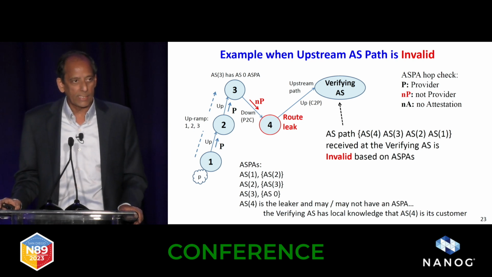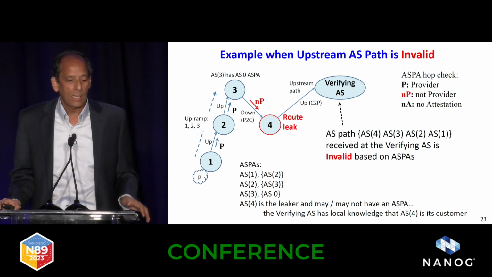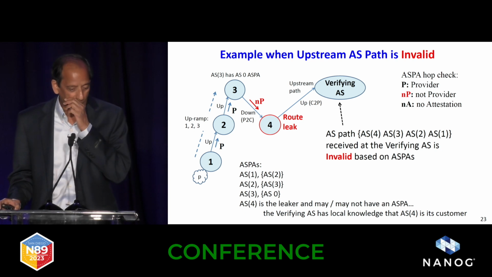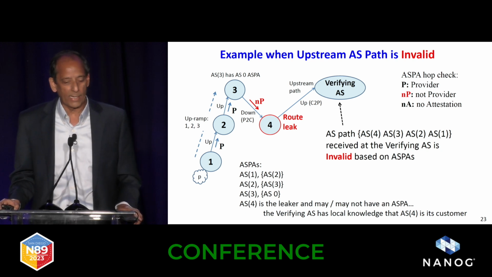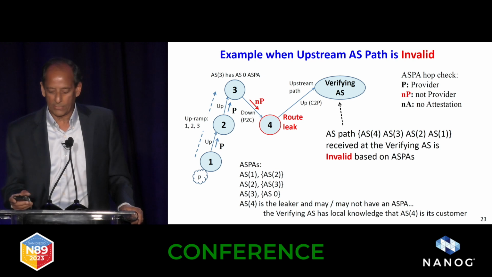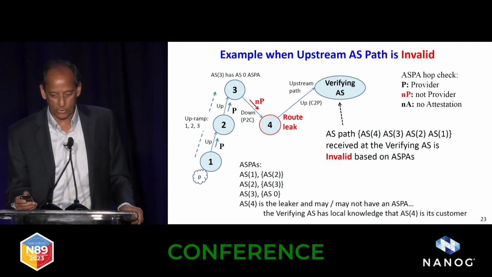From 3, it started to go down or lateral. After that, it should only be going down from provider to customer, and that's not happening. 4 is sending it to a provider up. So that's how, by using the ASPA, the verifying AS is able to tell that it is invalid or there appears to be a route leak.